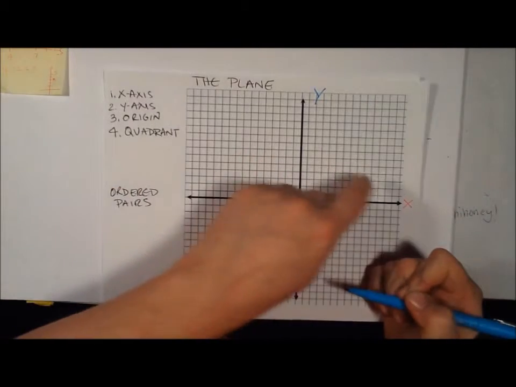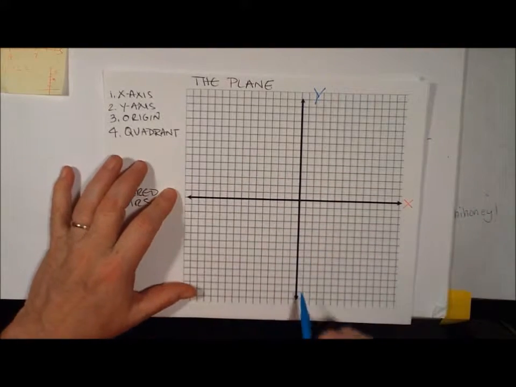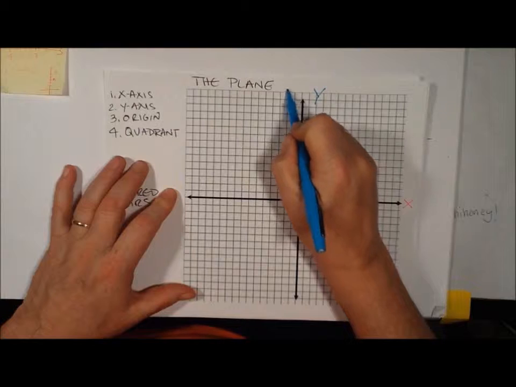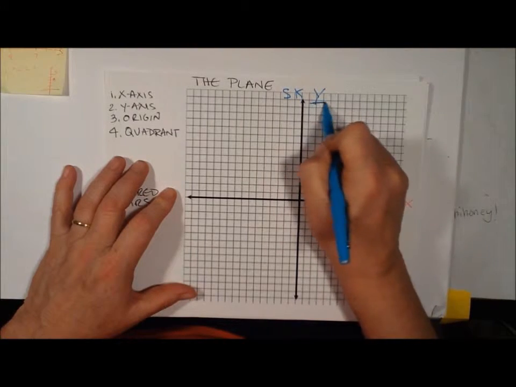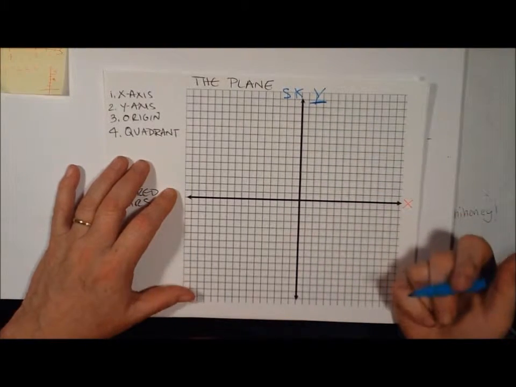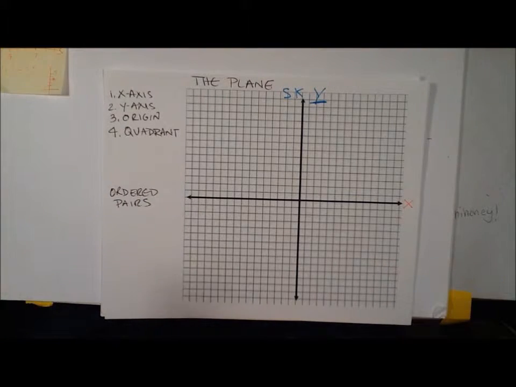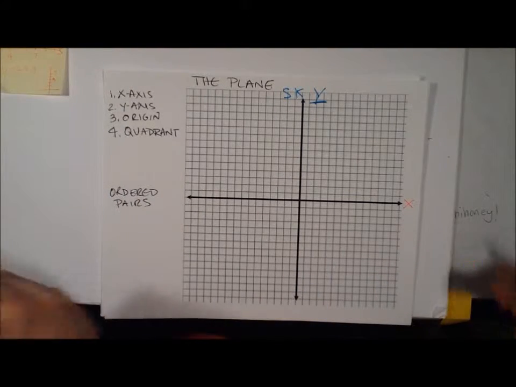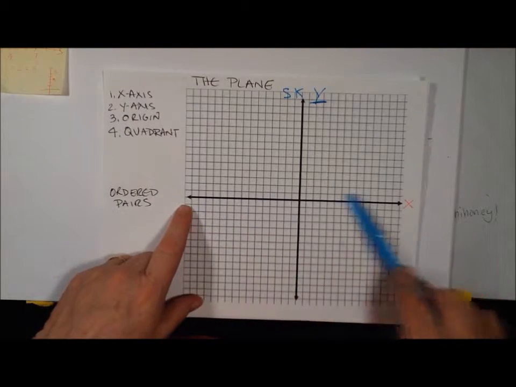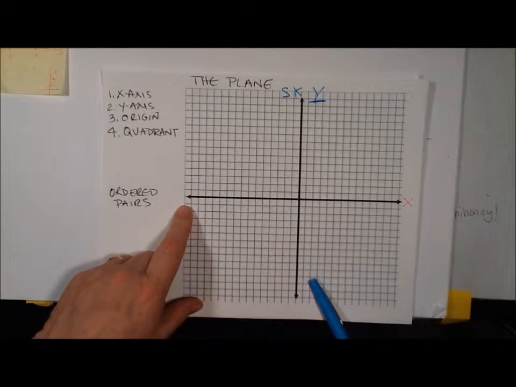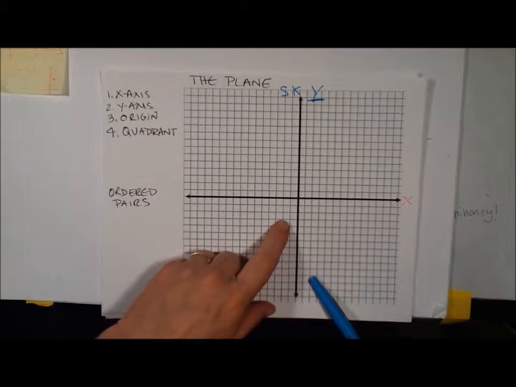The way I used to remember the difference was that the y-axis pointed to the sky, and sky has the word y in it. So that's the basic way we're going to navigate this plane. We're going to either go sideways or up and down for the moment.